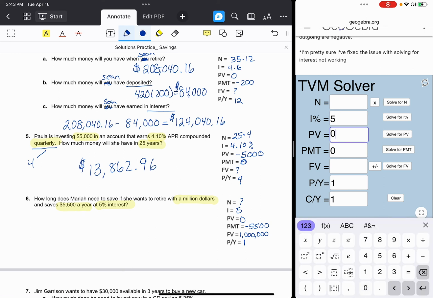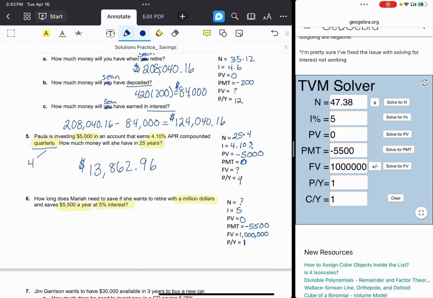Her present value is 0 because she's contributing 5,500, and she wants $1 million. Always double check you have enough zeros. 1, 2, 3, 4, 5, 6. I get sort of like, did I do enough? And we're paying out once per year. And we are solving for n this time.